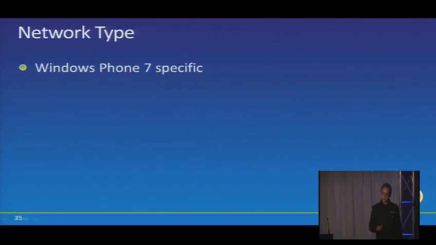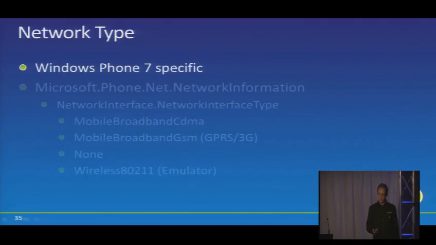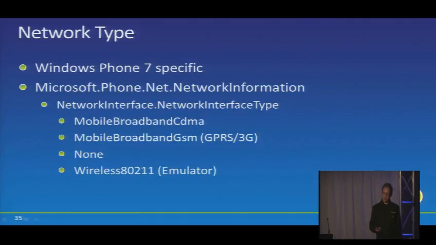Next, you get the type of network, because this can make a difference to the kind of bandwidth available. And this is specific to Windows Phone. It's not part of Silverlight in general. So in the Microsoft.Phone.Net.NetworkInformation namespace, there is the NetworkInterface class, which has a property on it. And this will return a number of possible values. So if you're on a mobile network, it'll contain mobile broadband, CDMA, or GSM.